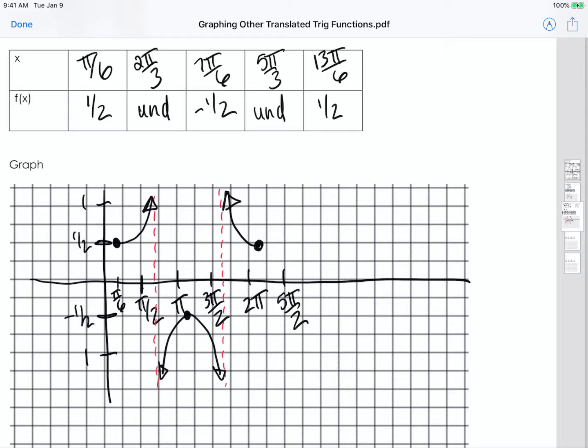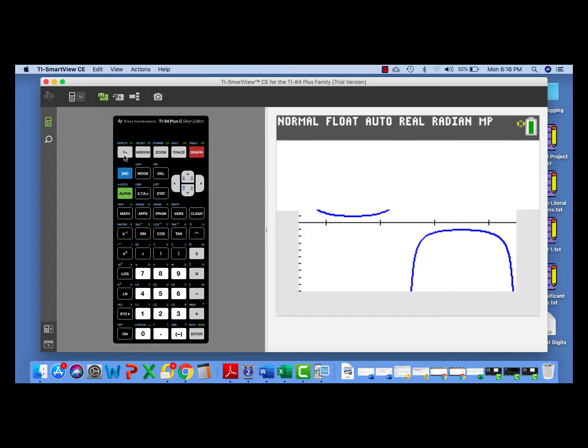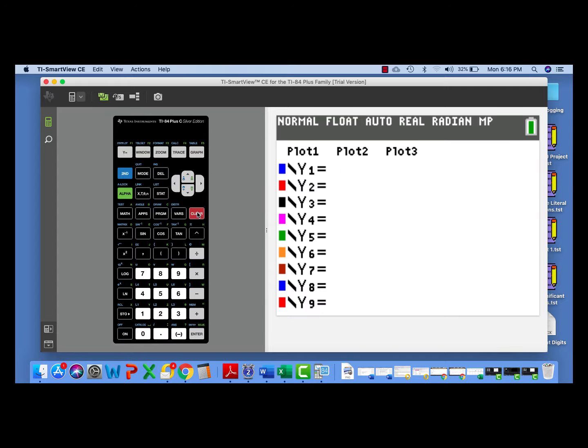Okay, now let me show you how you can check this on your calculator. We are going to go in and clear out what we have in there so far, and we're going to put in our new equation. Our new equation is with the function secant. We don't have a secant button on our calculator, but we do know that secant and cosine are reciprocals.